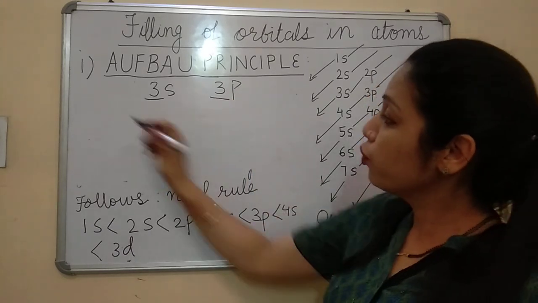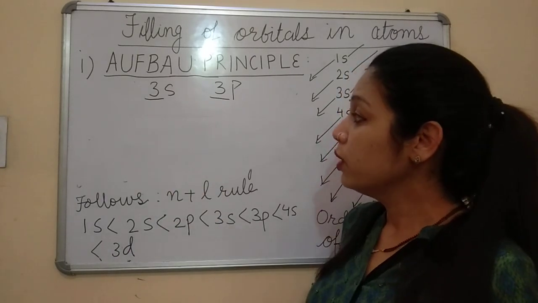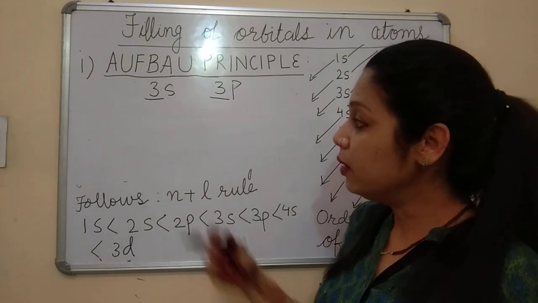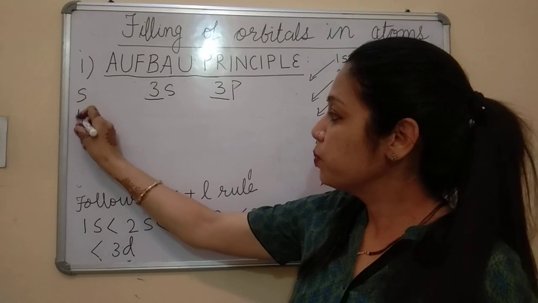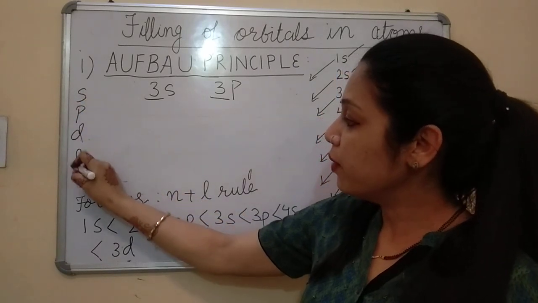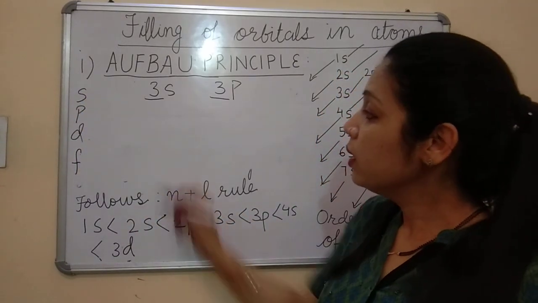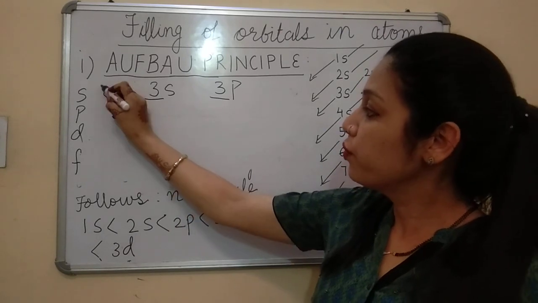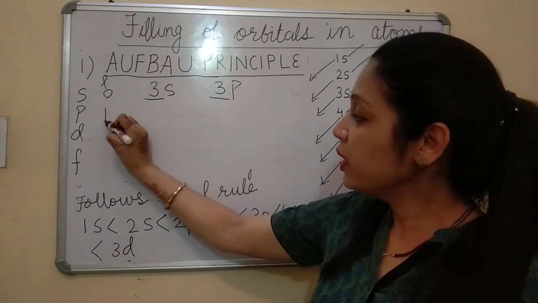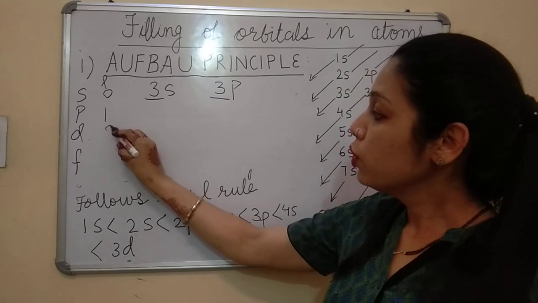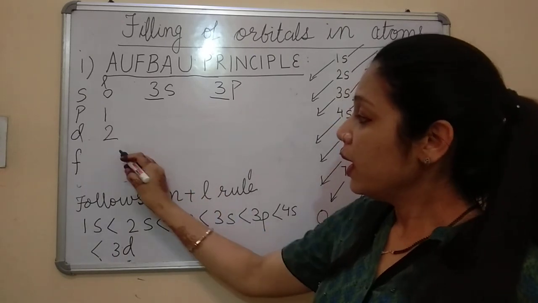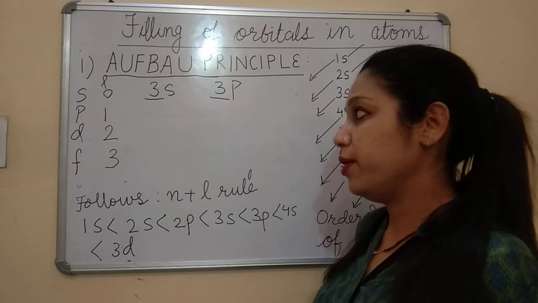And children, I have told you how to find out the value of l. So I have told you s, p, d and f. The value of l is 0 in case of s, 1 in case of p, 2 in case of d and 3 in case of f.